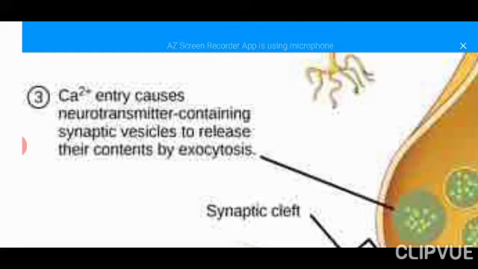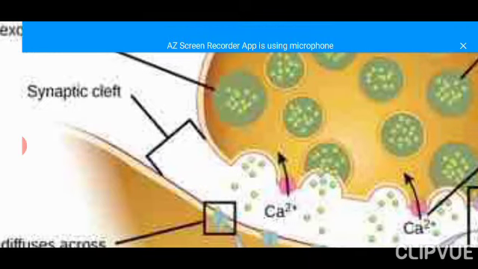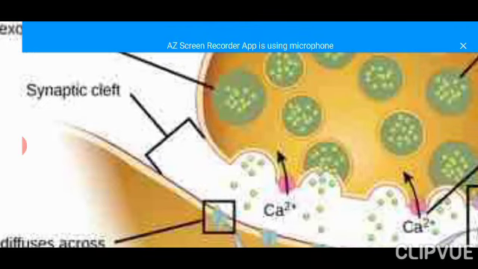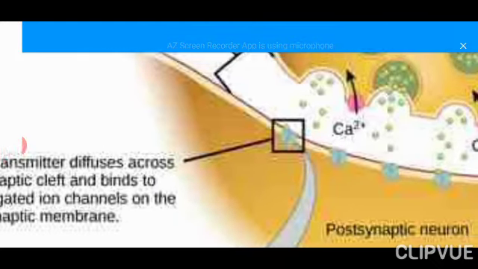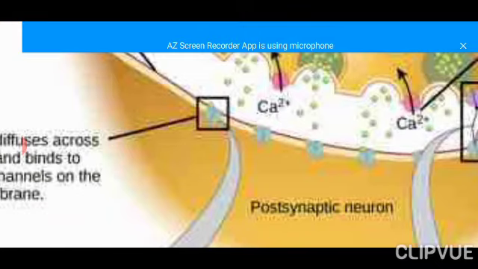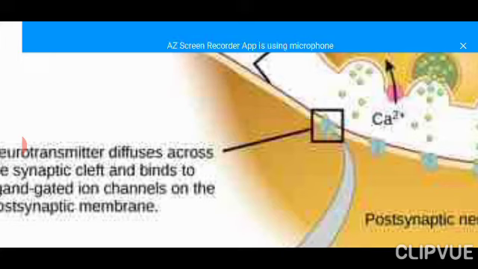Influx of calcium will initiate the process that will result in the binding of the neurotransmitter vesicle to the presynaptic end membrane and release of the neurotransmitter. Then finally, the 4th step, we have the binding of the neurotransmitter to the receptor at the postsynaptic neuron and activation of another action potential at the postsynaptic membrane, which will result in transmission of the action potential at that level, followed by termination of the action of the neurotransmitter via chemical inactivation. So that's another way to summarize.